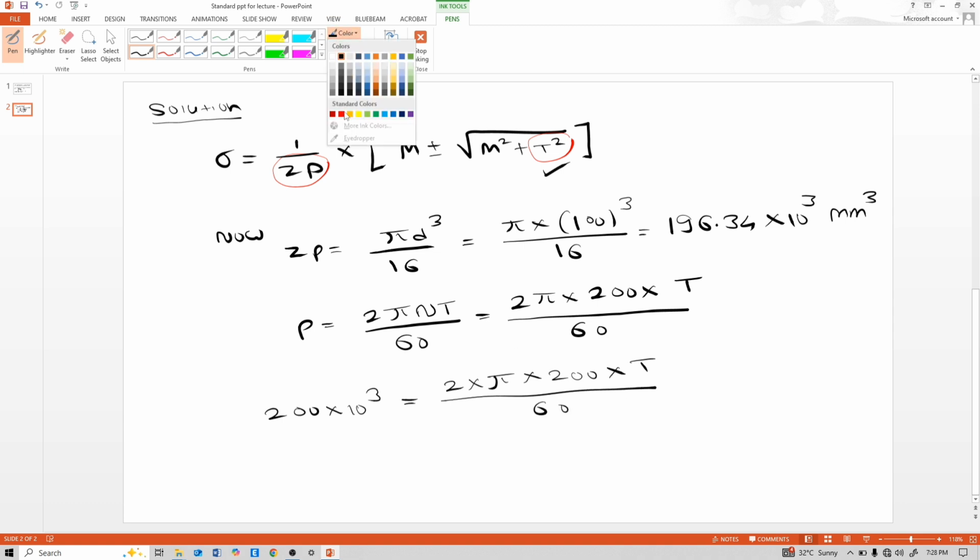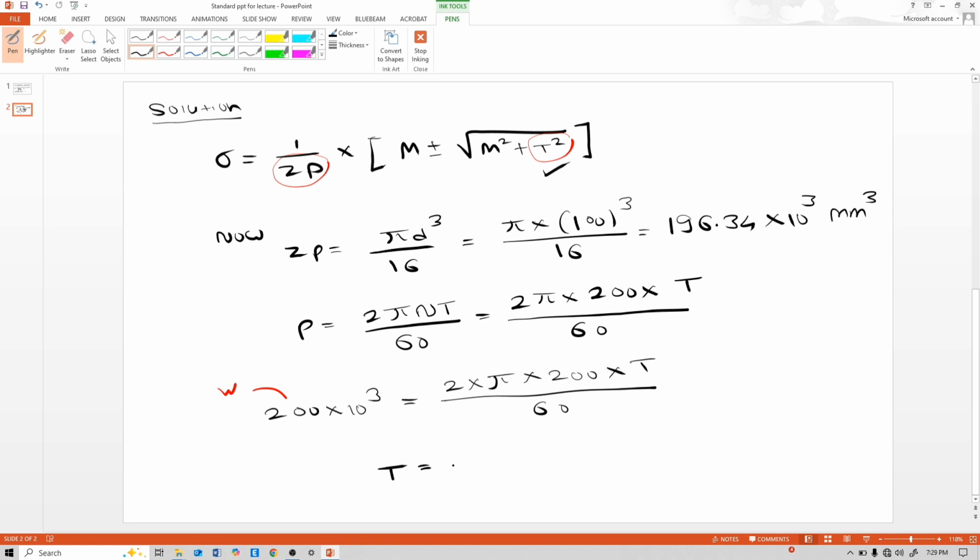So T is 200 into 10 raised to 3 multiplied by 60 divided by 2 into pi into 200.